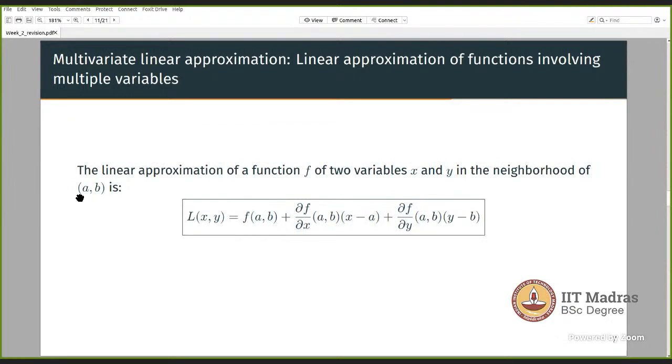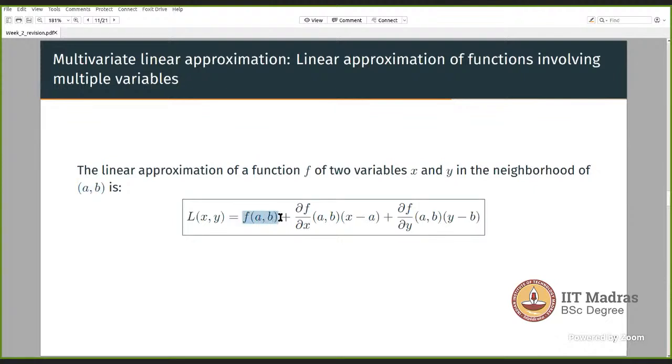Firstly, instead of x equal to a, we have two coordinates that give us a point on the function, which is a comma b. Instead of x equal to a, we have (x, y) equal to (a, b).